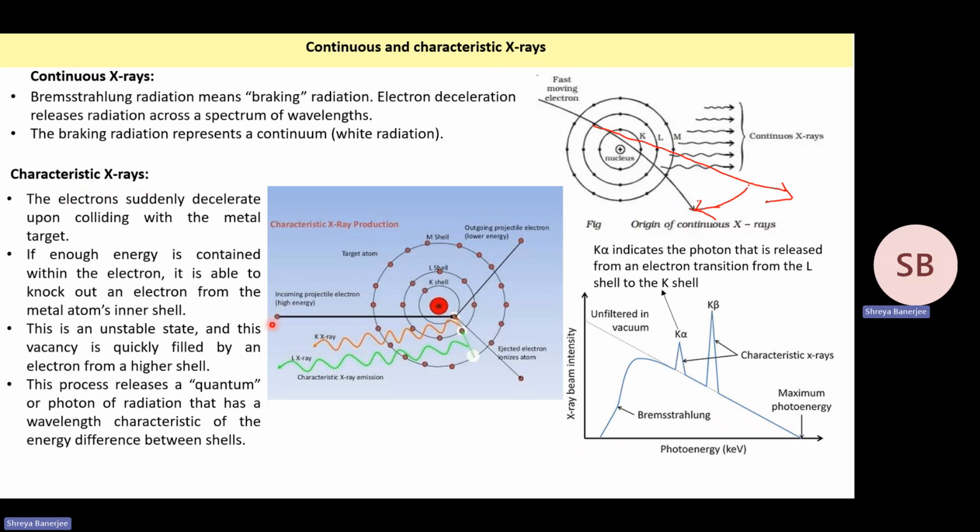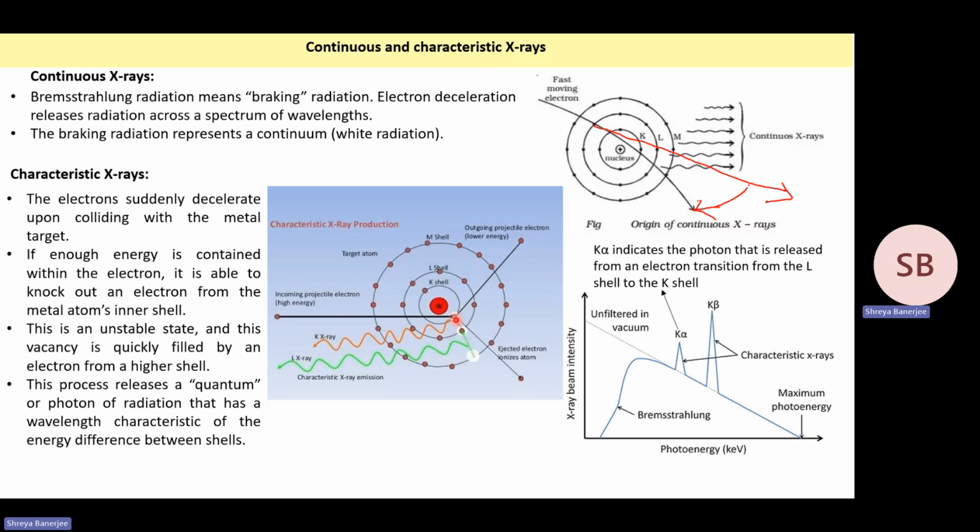In this, what happens is that this electron is the projectile electron from the cathode, and it collides with an electron in the atom of the anode. On colliding with this electron, if there is enough energy in the accelerating electron, it will knock out the electron of the anode.